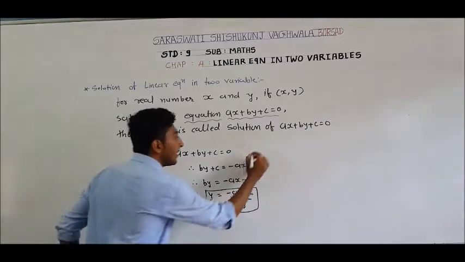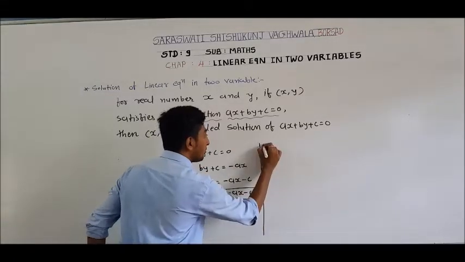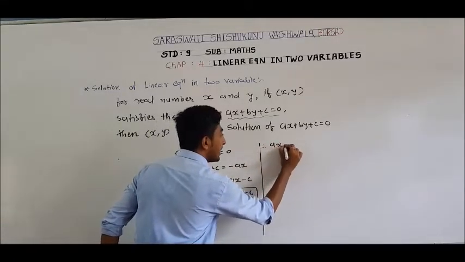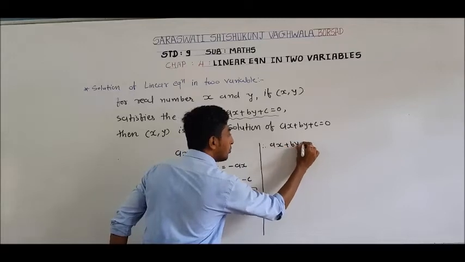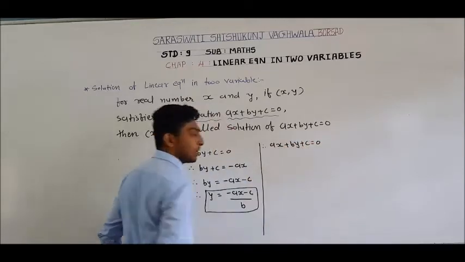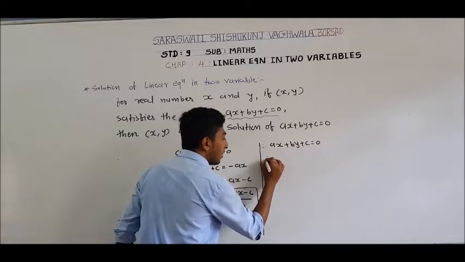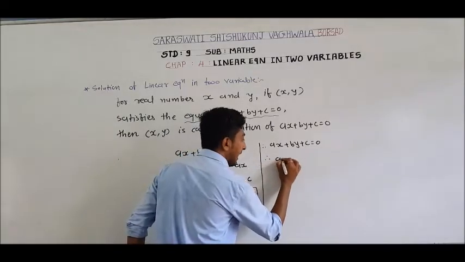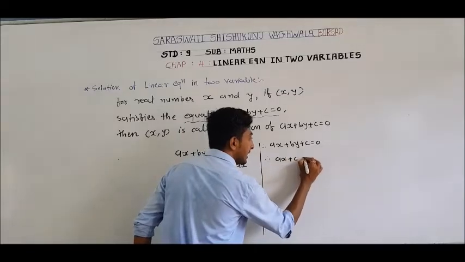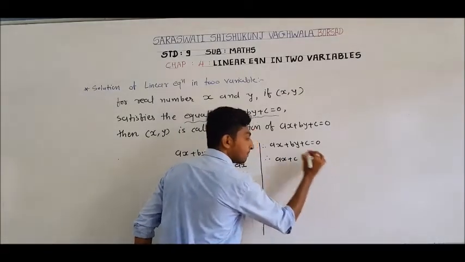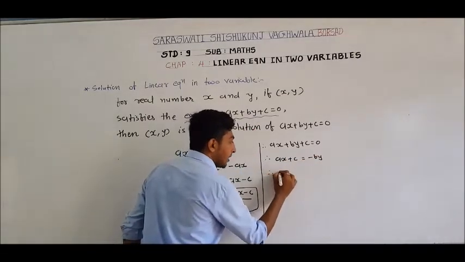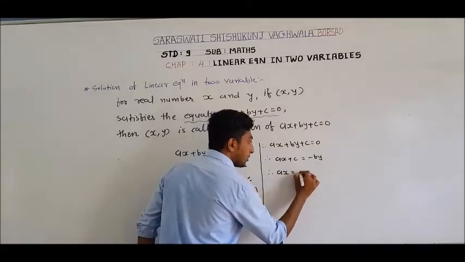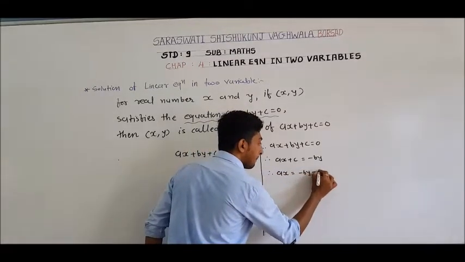Let us see how to find the value of x. We know that the linear equation in two variables is this one, and I want to find the value of x. That means I can write ax plus c equal to minus by. Therefore ax equal to minus by minus c.